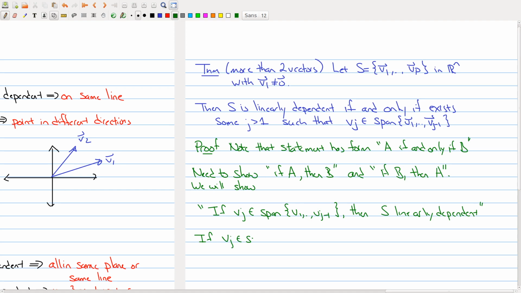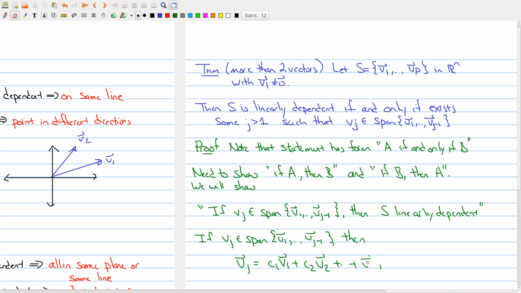If Vj is in the span, oh, forgot to put all the arrows here, V1 up to Vj minus 1, then Vj is a linear combination. C1 times the first vector plus C2 times the second vector up to Vj minus 1.